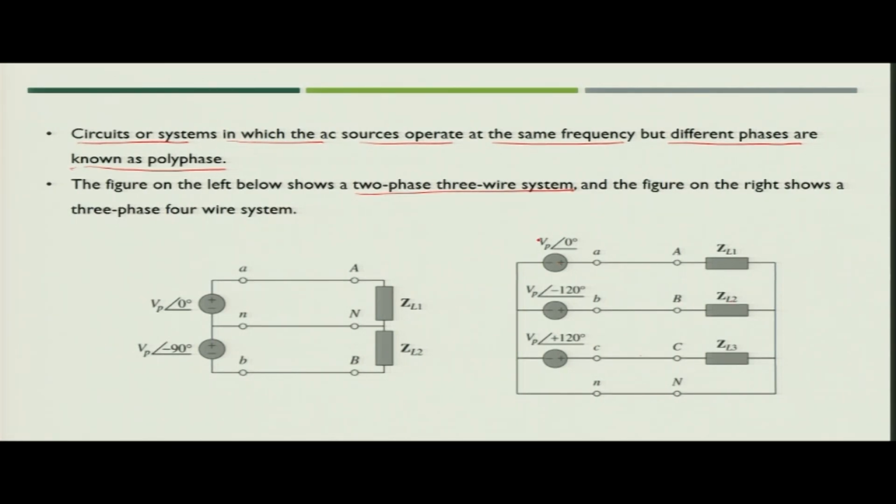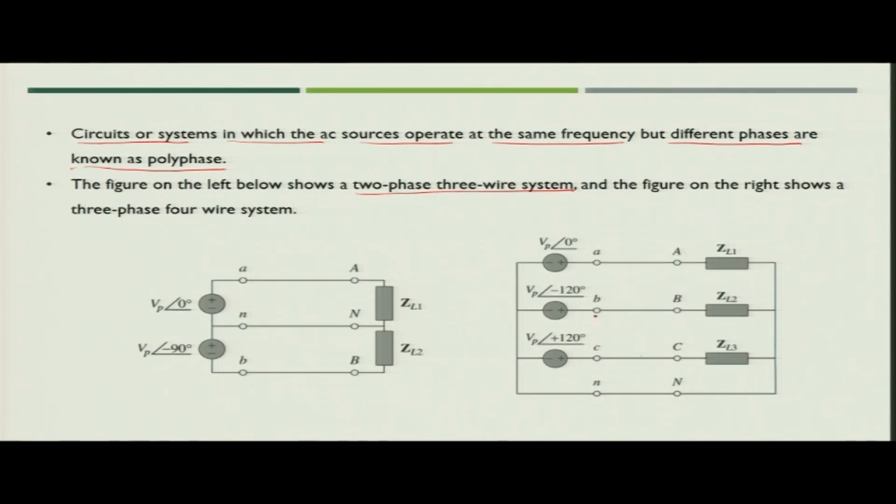The voltage sources have the same frequency and same RMS voltage, but the phase values are different. In phase A the phase value is 0 degree, in phase B it is minus 120 degree, and in C it is plus 120 degree, or you can say minus 240 degree.